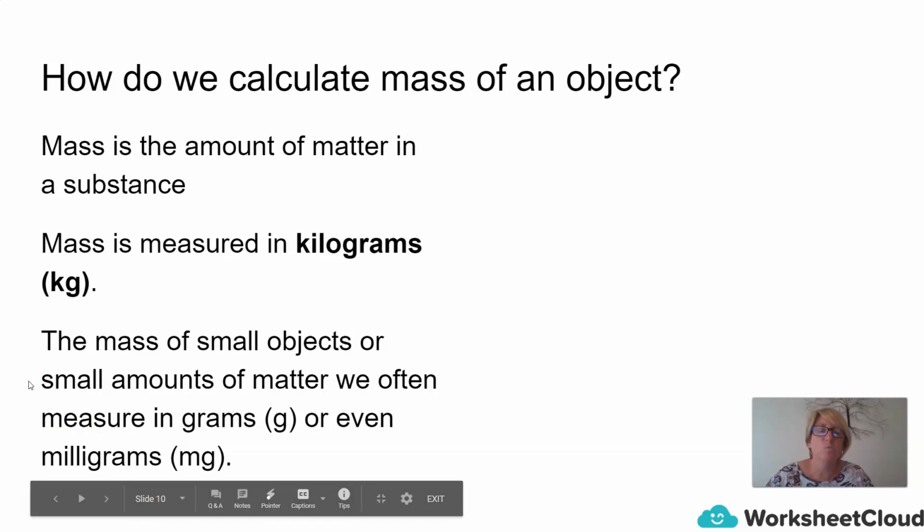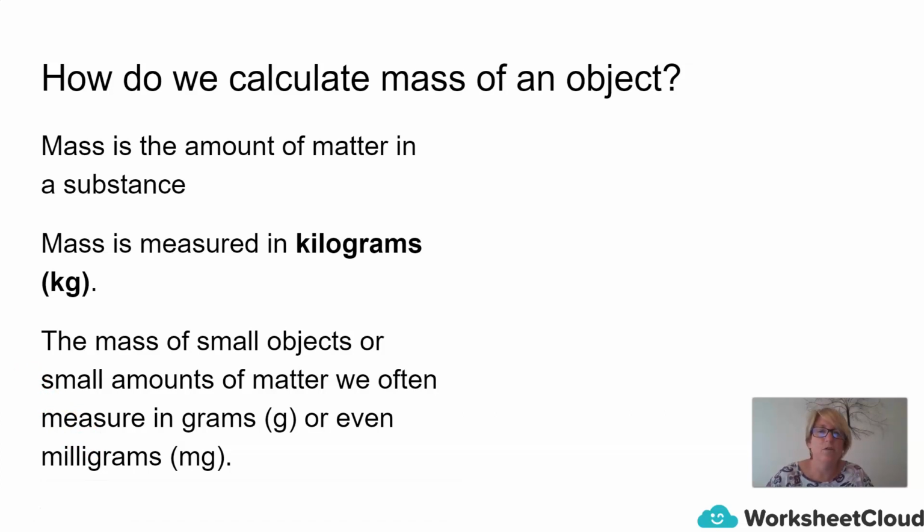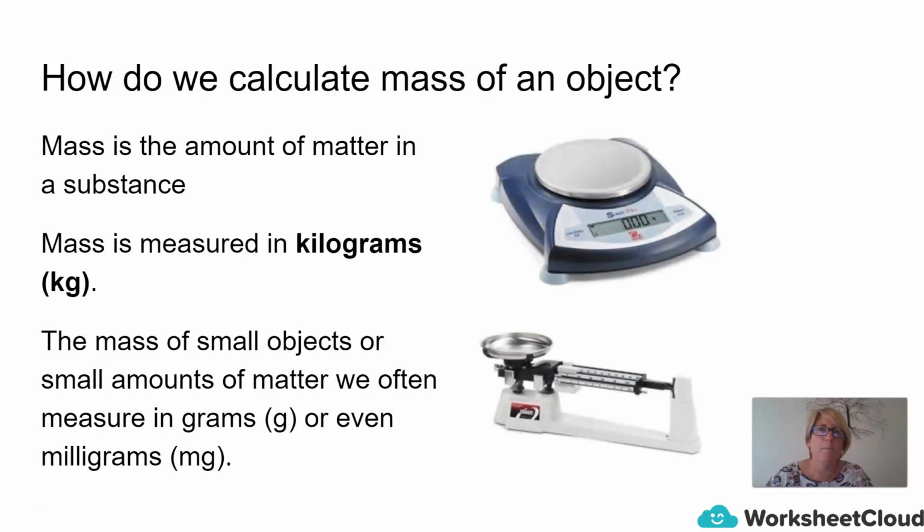The mass of small objects or small amounts of water we often measure in grams or even milligrams. And the equipment that we use in a school science laboratory is either an electronic scale or a triple beam balance. And hopefully when you get back to school, your teacher can show you how these work.